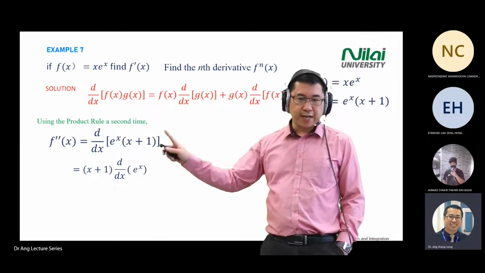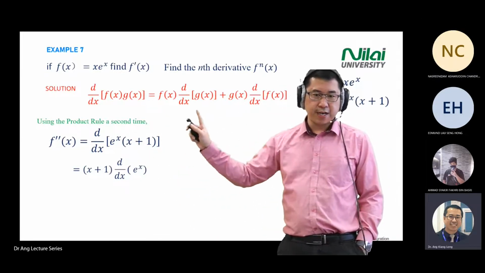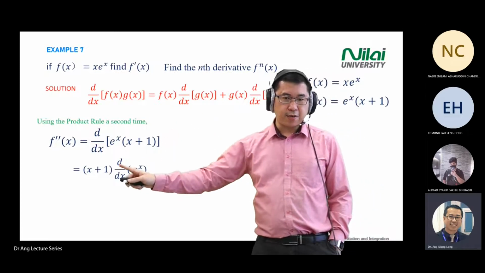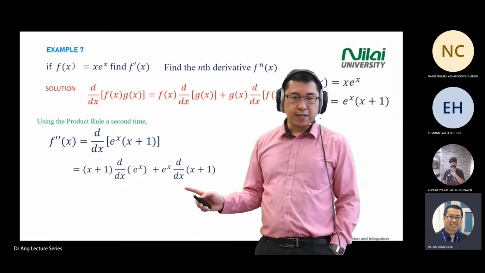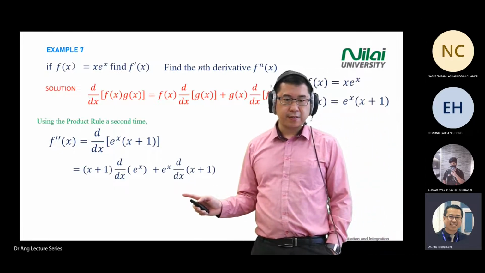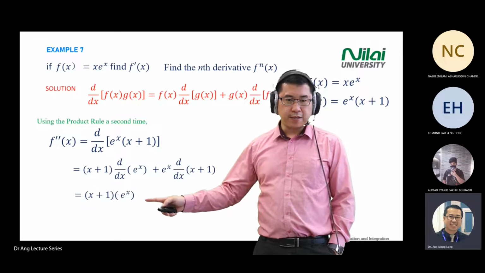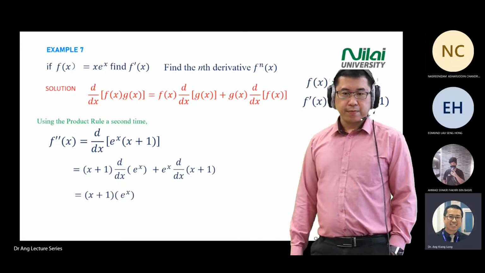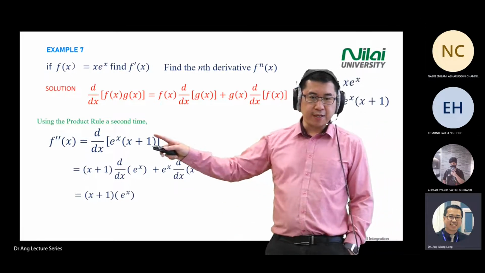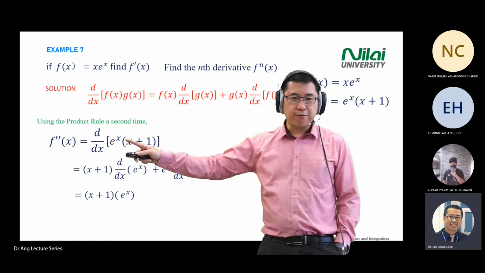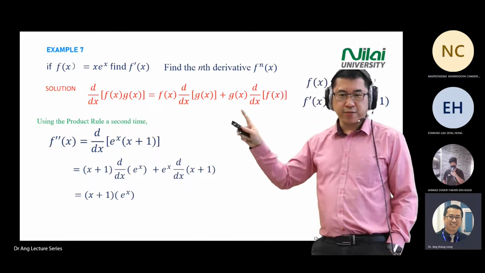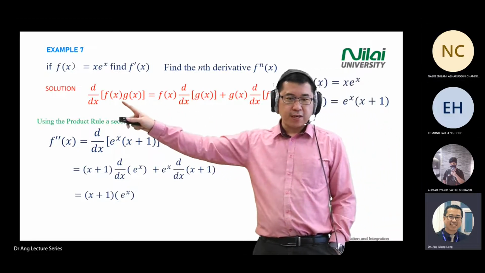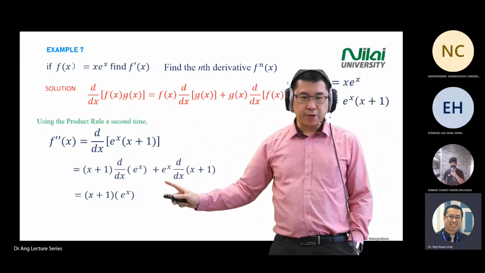So this is the first set, and this is the second set, and you get this form. I think I flipped the fx and gx, but anyway, you can flip the sequence as long as you follow the rules and put them in the equation.